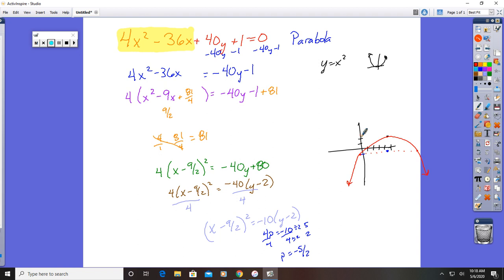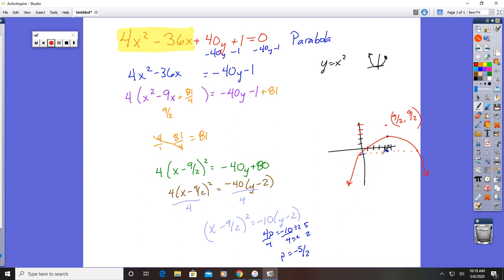There would be a directrix, is what it's called. This is going to be 2.5 up from this, so that's going to be 2, 4.5. So the x is going to be 9 halves, and the y is going to be 9 halves as well.